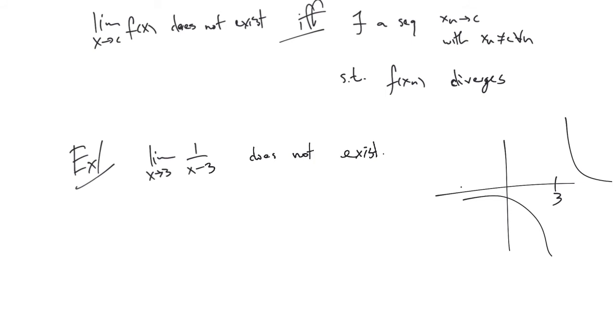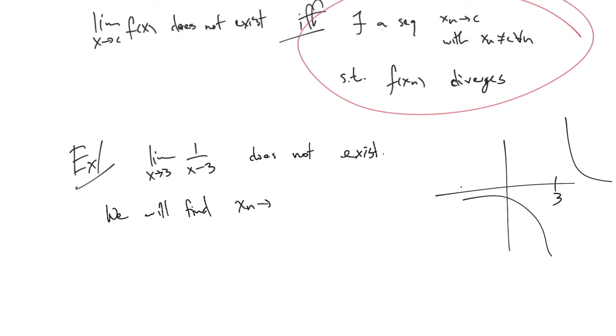Anyway, our job is to find some sequence according to this business up here. We will find a sequence xn approaching c, which in this case is the number 3, with the sequence f of xn diverging. Can we do that? Can anybody think of a sequence xn which approaches 3?